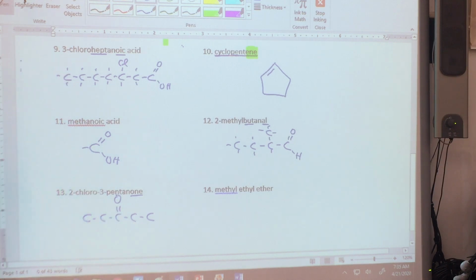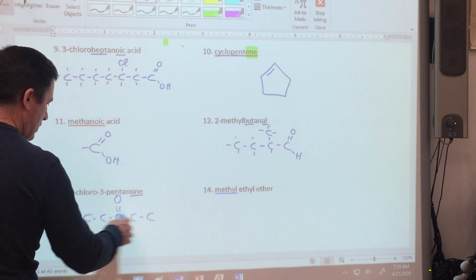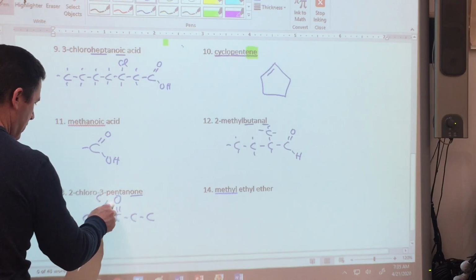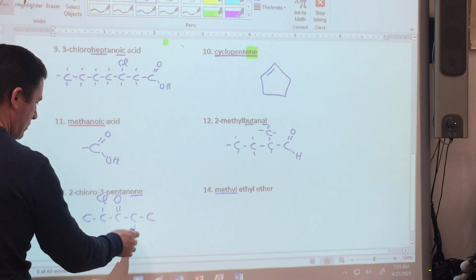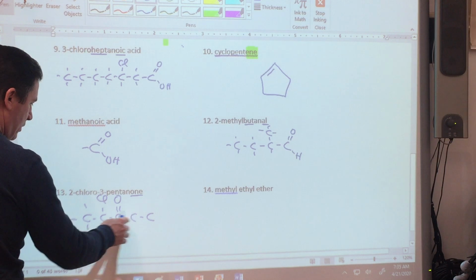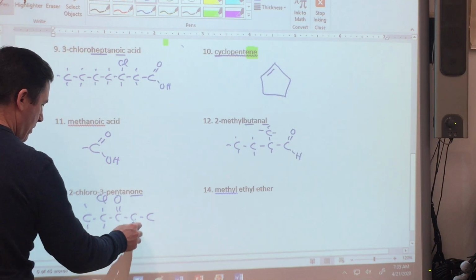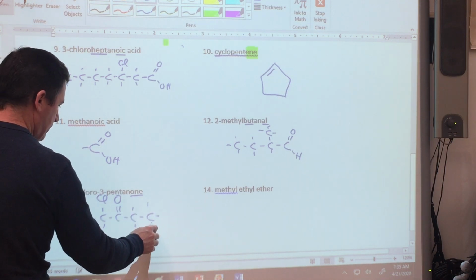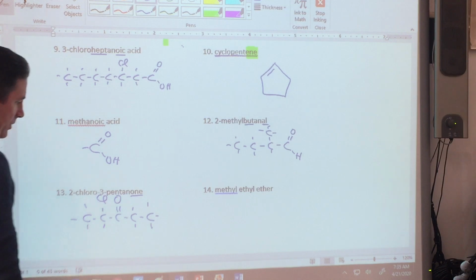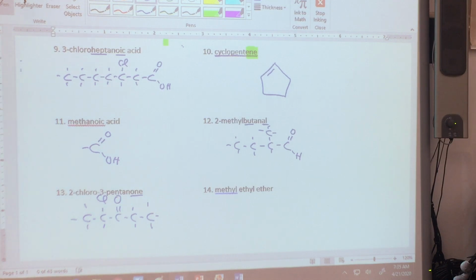And for the 2-chloro, I could use either one of these because I could count from either side, since this is right in the middle. As long as it's on one of these 2 carbons, it should be right. 2-chloro-3-pentanone.